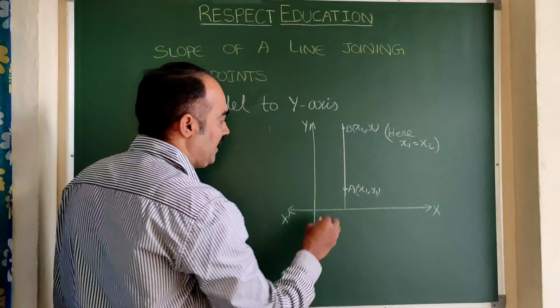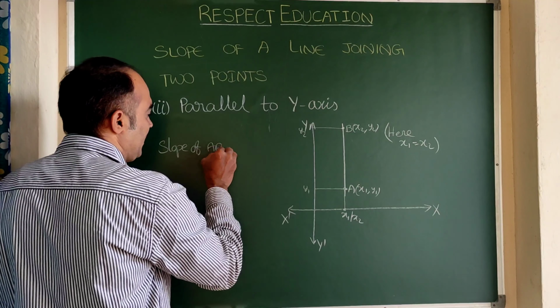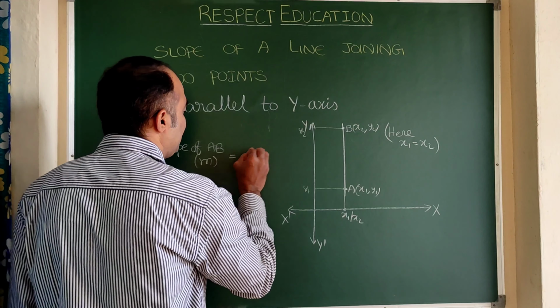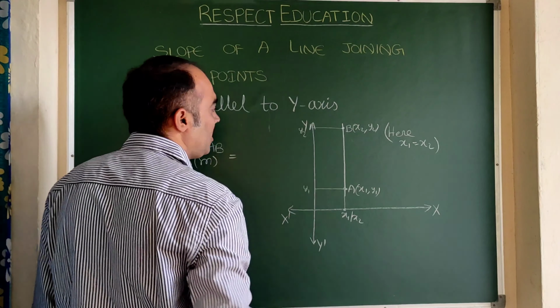So slope of AB, that is denoted by small m. We have seen the formula that (y2 minus y1) by (x2 minus x1), right? So here we have the value of y2 minus y1.